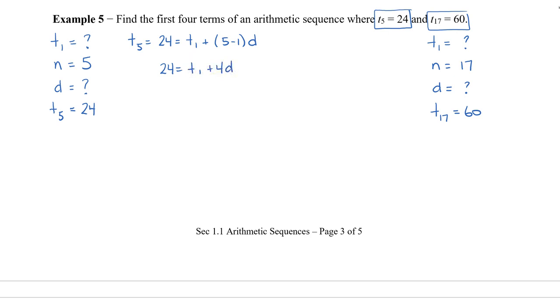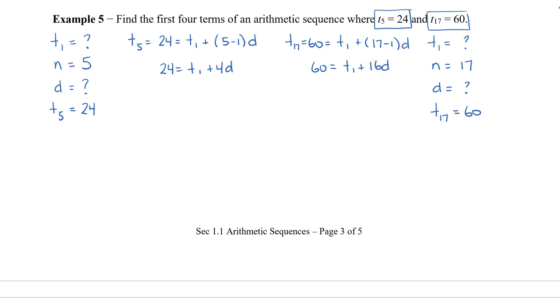Using T17 equals 60, we have 60 equals T1 plus 17 minus 1 times D, and then 60 equals T1 plus 16D.